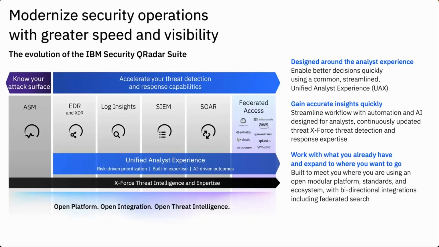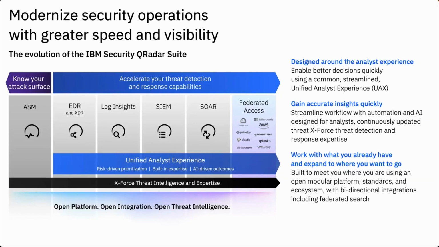All right. So this is how to modernize security operations with greater speed and visibility. This is the new product that you can see on the screen, the evolution of IBM Security QRadar Suite. IBM Security QRadar Suite is built on top of OpenShift, and it's a single stack solution for multiple security products.